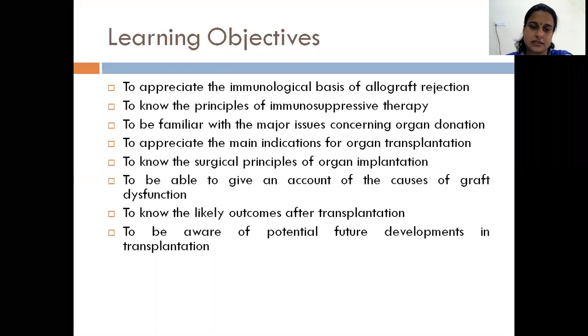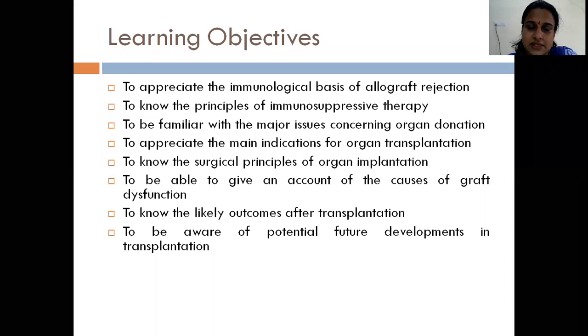So with this class, first of all, you'll have to refresh. It is almost like refreshing your immunology. You'll have to appreciate the immunological basis of transplantation and transplant rejection, that is graft rejection. You should also know about the immunosuppressive therapy that we advocate during transplantation, and some major concerns regarding organ donation.